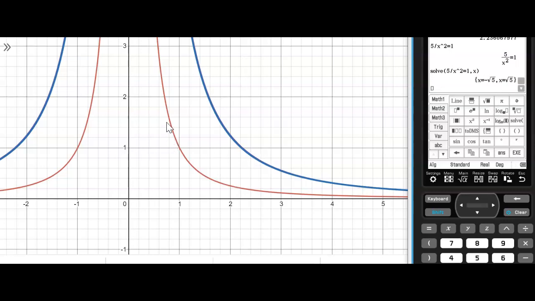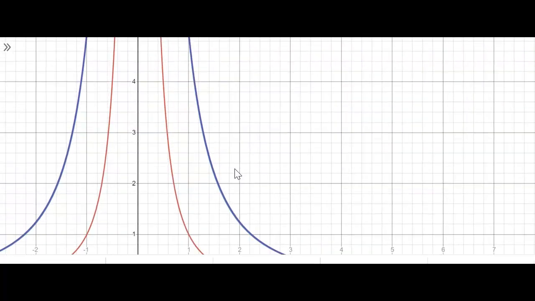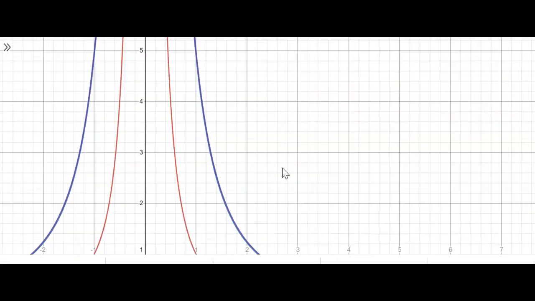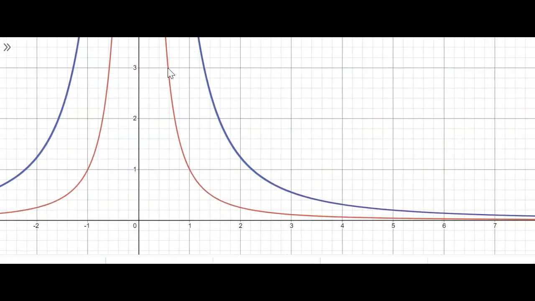It's probably a bit harder to do because we're not going to be at many points again. So let's just choose another point. Let's choose this point here. So we've got roughly 3, and it's just below 0.6.